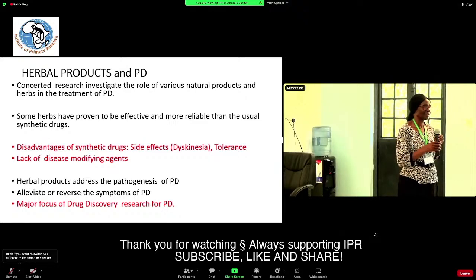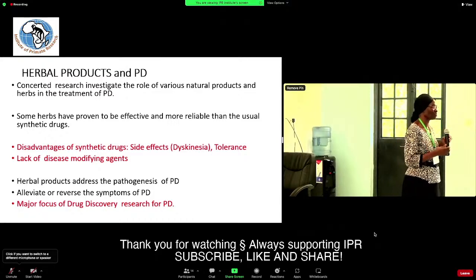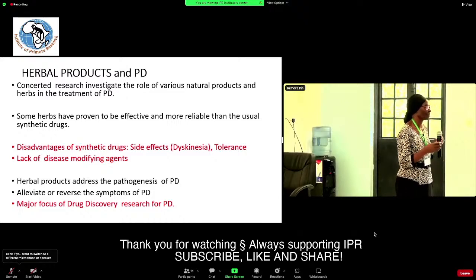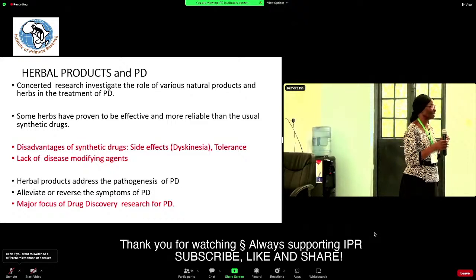And then, apart from the side effects, there is tolerance or loss of response that sets in very soon after exposure to these drugs. So it means that alternative therapy, particularly the natural therapies, have their own place in pharmacotherapeutic interventions.